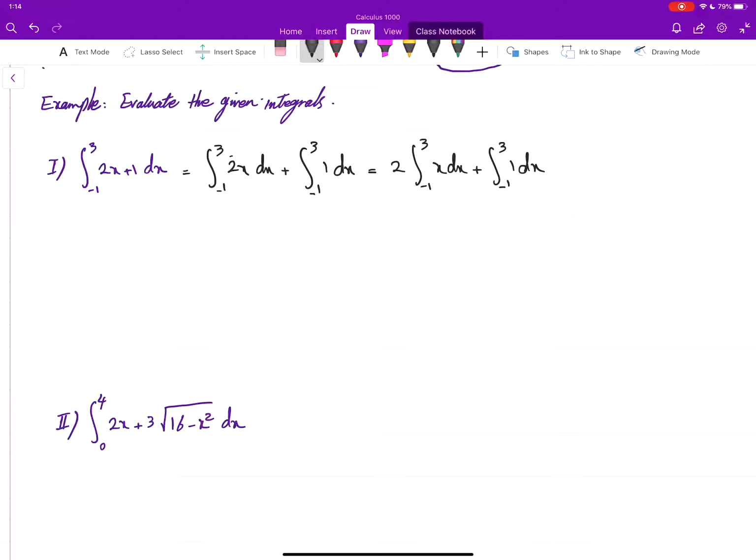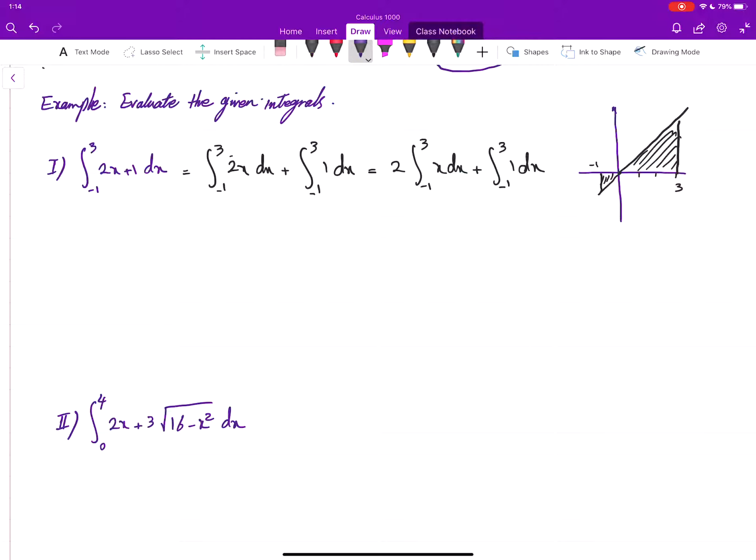But when you get to this point, now you can use the areas. Remember, the graph of the first one is this, y equals x, from -1 to 3. So it has two pieces, positive and negative.